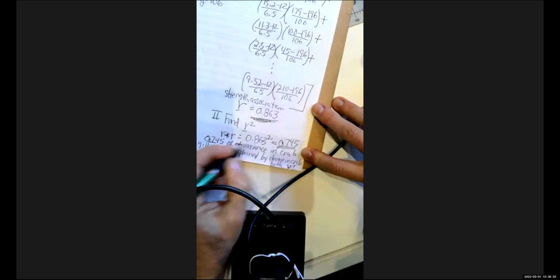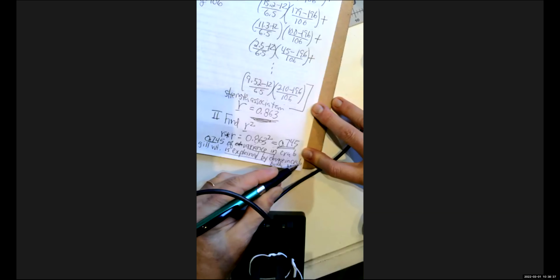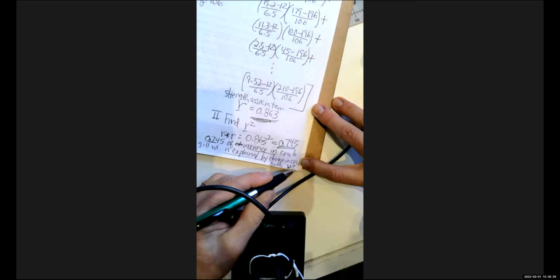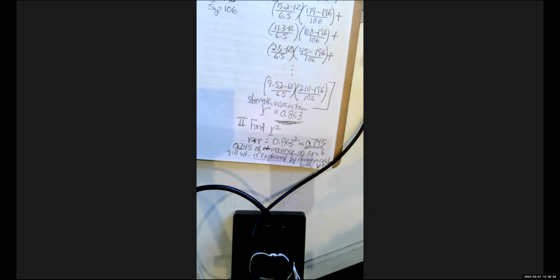All right. So my r squared value, variance in whatever my y variable is explained by change in whatever my x variable is. This is a very specific summary of what r squared is telling you, right? About 75%. I know about 75% of why crab gills are how big they are if I just know how big the crab is.